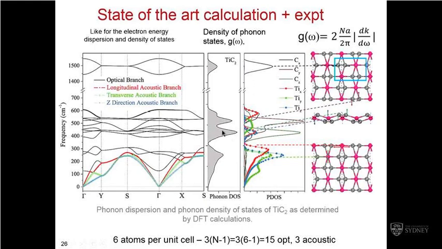What people can also do in research is break down the total density of states into the contributions from the various atoms. For example, if we look at this peak here, it's due to a carbon atom, and you can see it's got little tiny arrows on these carbon atoms pointing outwards.